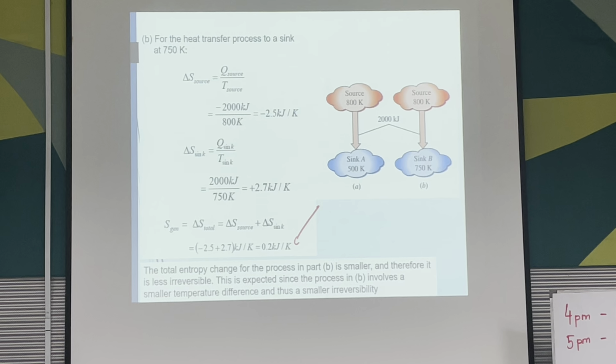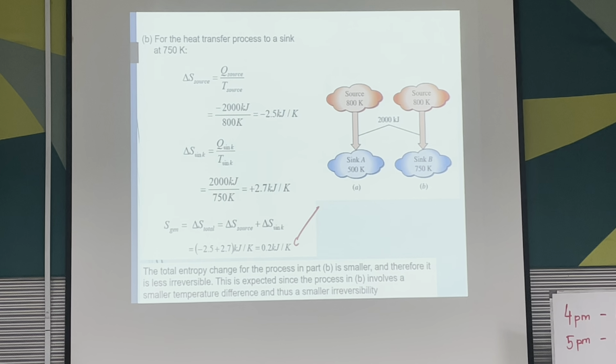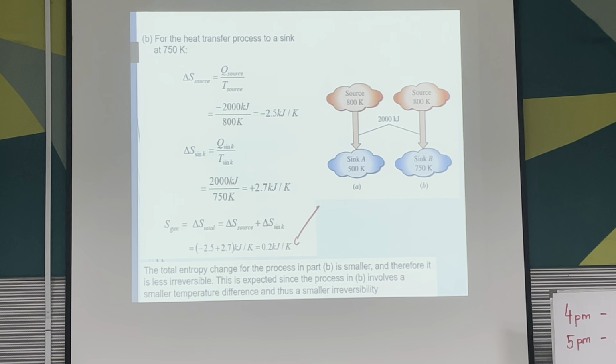So the one with a higher entropy change value is more irreversible and it is less ideal basically. So the total entropy change for the process in part B is smaller and therefore it is less irreversible. This is expected since the process in B involves a smaller temperature difference and thus smaller irreversibilities. Does that make sense to you?